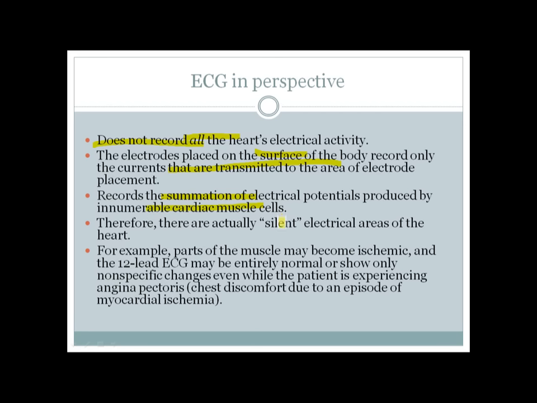So there can be silent electrical areas. For example, parts of the muscle may become ischemic, and the 12-lead ECG may be entirely normal or show just non-specific changes. Like the patient who is having angina pectoris, but the ECG is normal. It can happen.